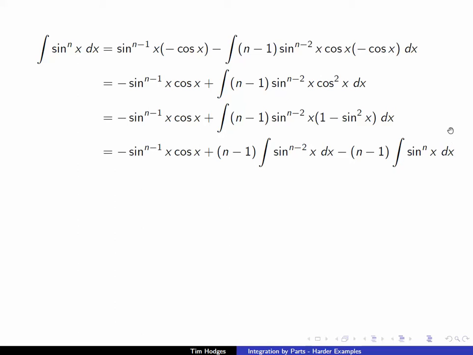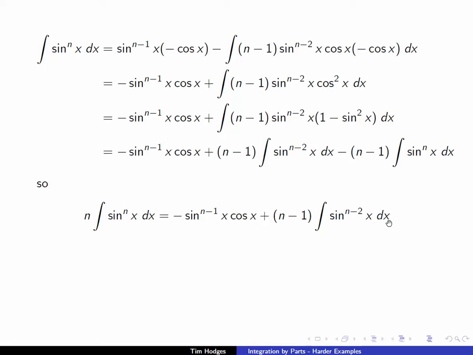Now again, you see we've reduced the problem. On the right hand side we've got the original integral again, and so we can again take it over to the left hand side, and that will give us 1 times this integral plus n minus 1 times that integral. So that'll give us n times the integral of sine to the n x dx, and it's equal to this first term again, plus n minus 1 times the integral of sine to the n minus 2 x dx.